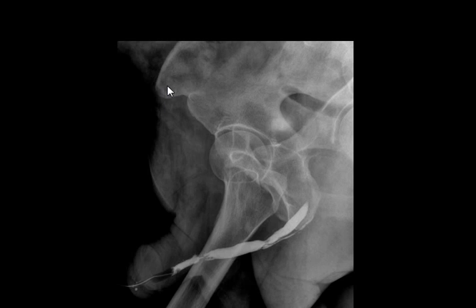For example? Okay, so you put the catheter and you push the contrast.